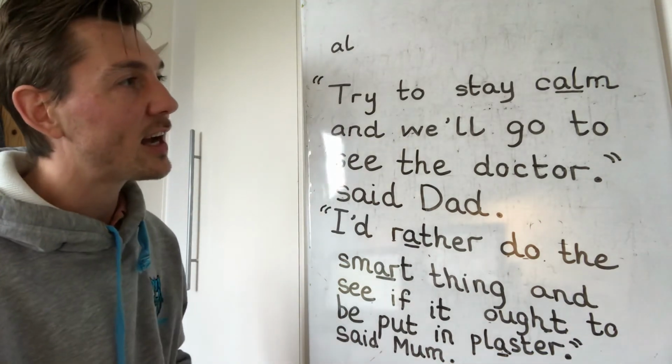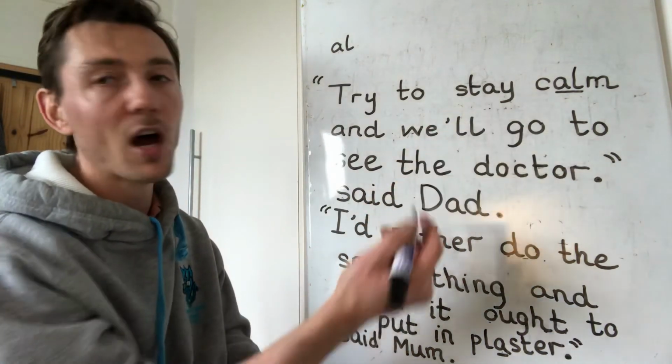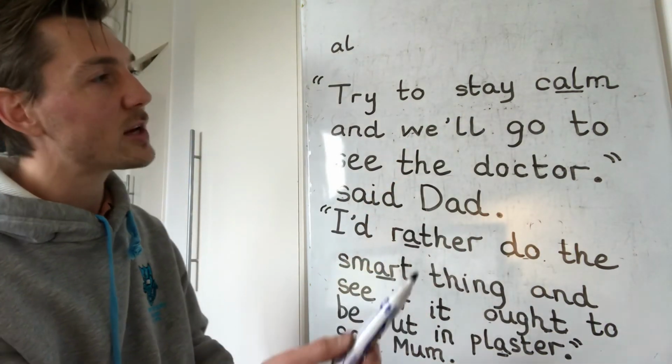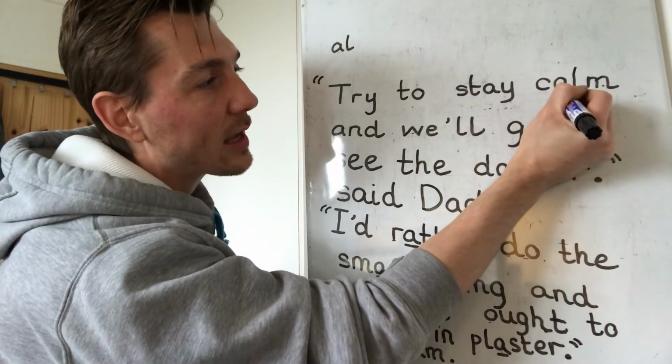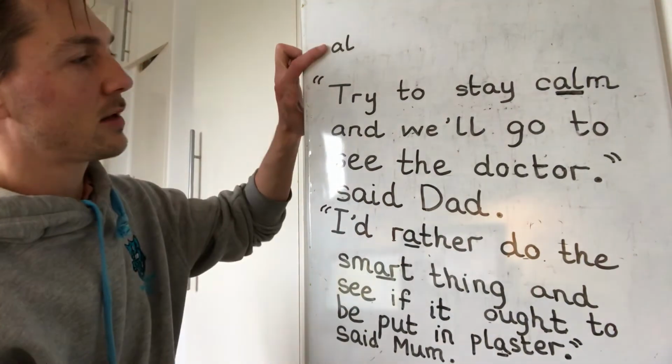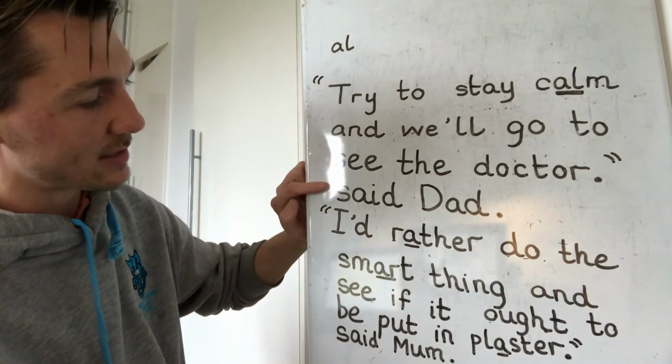Let's try and read it all back to ourselves and just make a note and underline those R spellings, okay? So in your own time, try to stay calm, A-L, and we'll go to see the doctor, said Dad.